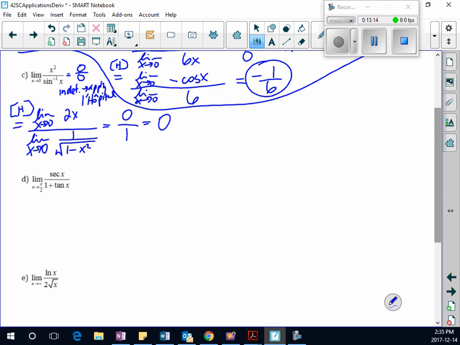Okay, so secant of pi over 2. There should probably be a plus sign there, but it's missing.